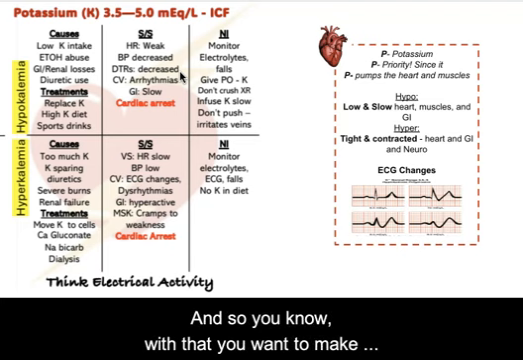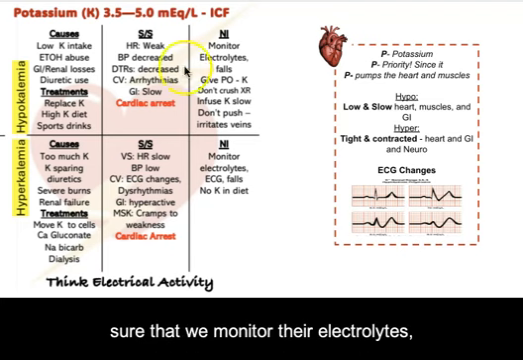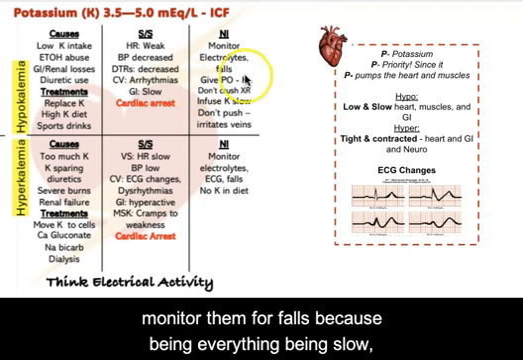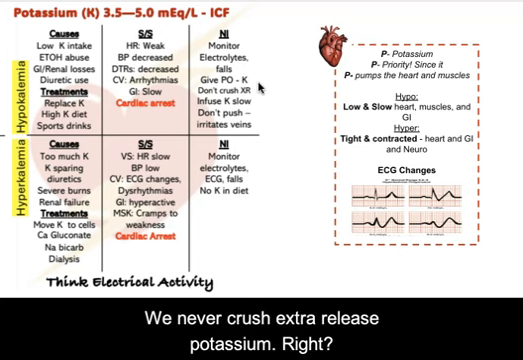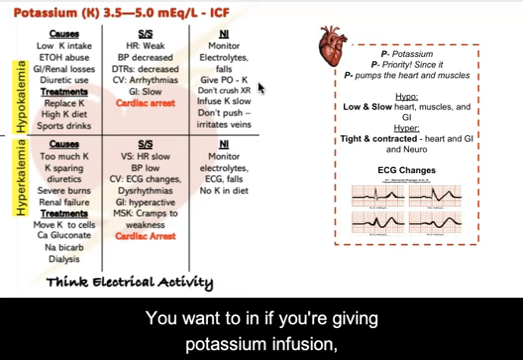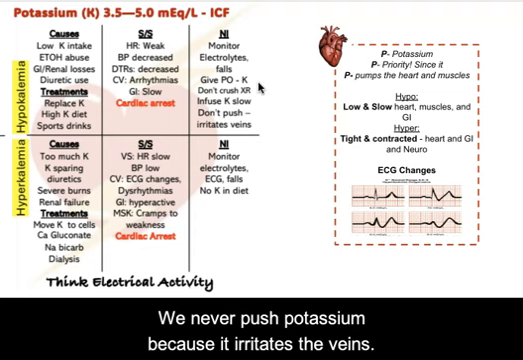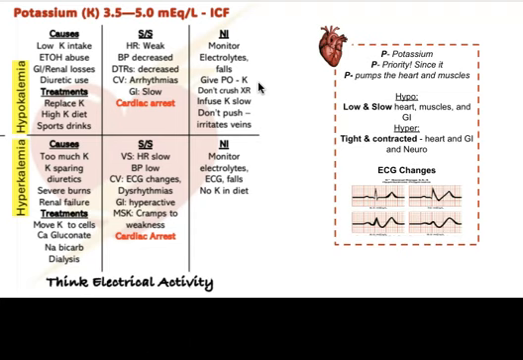And so with that, you want to make sure that we monitor their electrolytes, monitor them for falls, because everything is slow. Give them PO potassium as ordered. We never crush extended-release potassium, right? If you're giving a potassium infusion, it needs to be slow. We never push potassium because it irritates the veins.